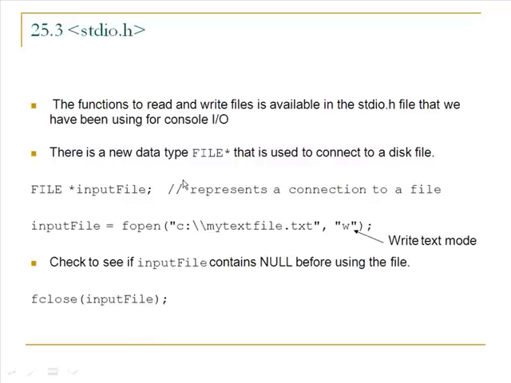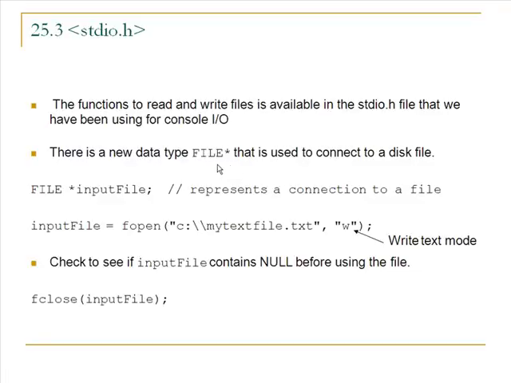So let's start looking at the things that you have available to work with binary files. We've been using stdio.h to have access to printf and scanf, and that .h file also gives us access to the things that we need to read and write files. So we are introducing now a new data type that's defined for you.